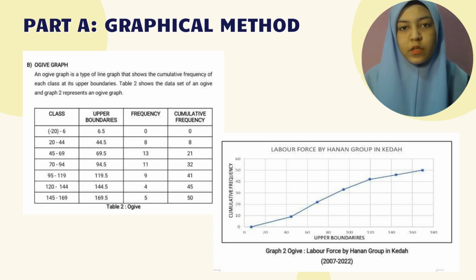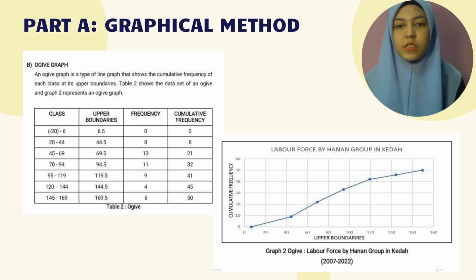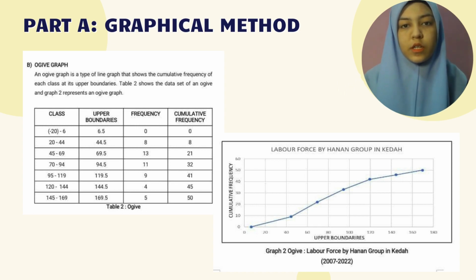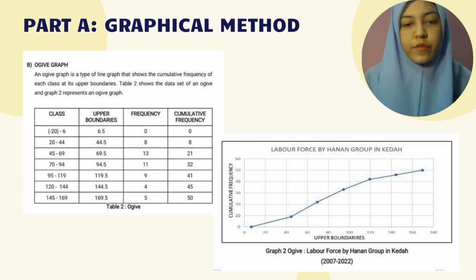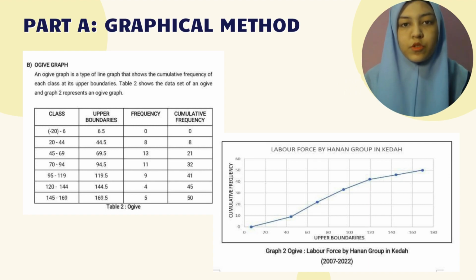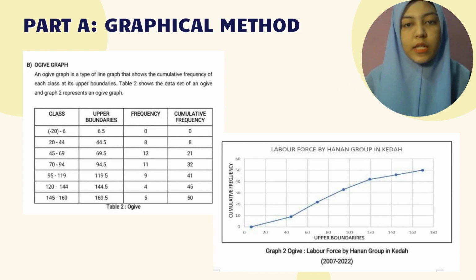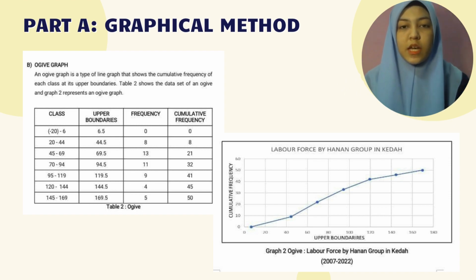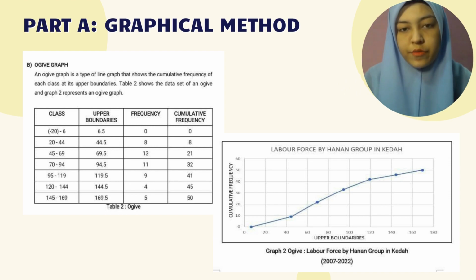For graphical method number 2, we choose the ogive graph, which is a type of graph that shows the cumulative frequency against the upper boundary of each class. Table 2 shows the dataset, and Graph 2 represents the ogive graph.